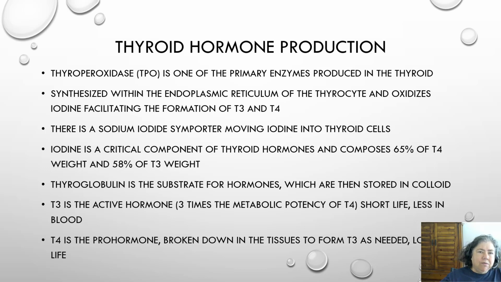So what is T4? It's essentially a prohormone, a storage hormone that is stored in the thyroid gland and in the tissues in the cells, and can be broken down to form T3 as needed. So T4 has a much longer half-life, both in circulation in the cells and in the gland.